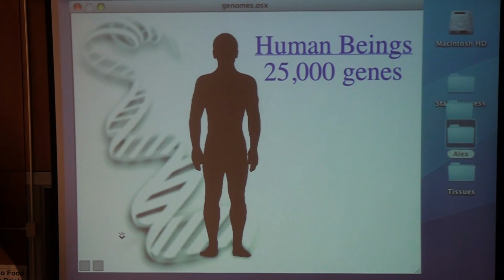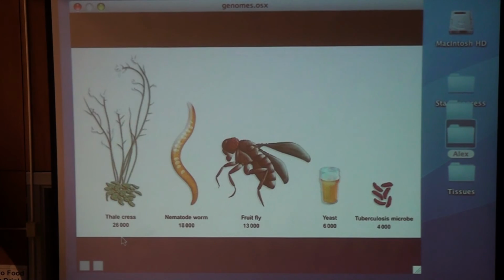And since they've done the human genome, they've sequenced the genomes of other species also. And you don't have to memorize any of these numbers, but just in case you're curious, a typical bacteria might have around 3,000 or 4,000 genes. Yeast, which are eukaryotes, but very simple single-celled eukaryotes in the fungi kingdom, around 6,000 genes.